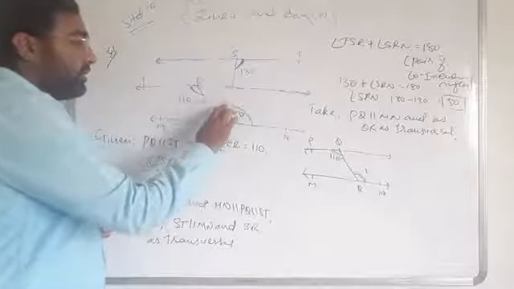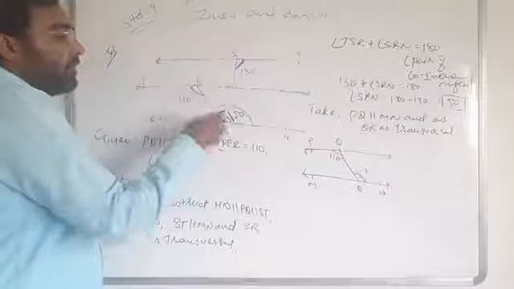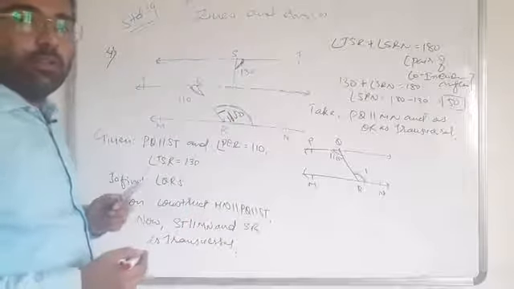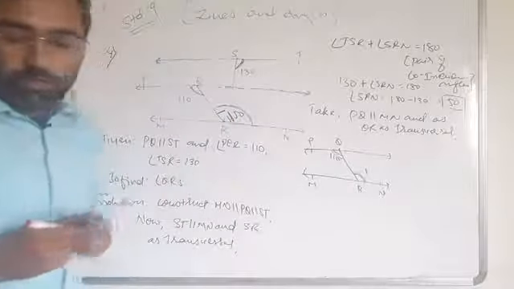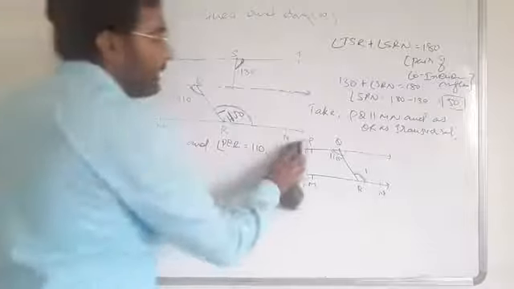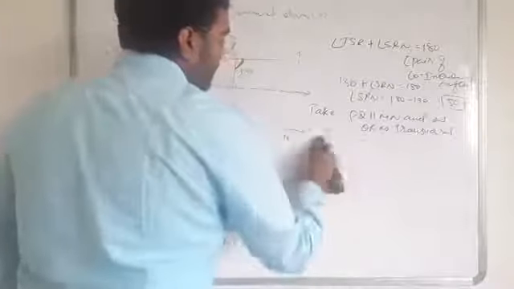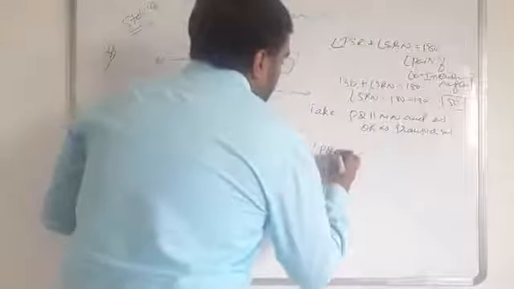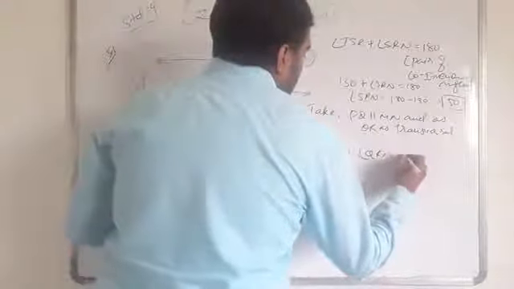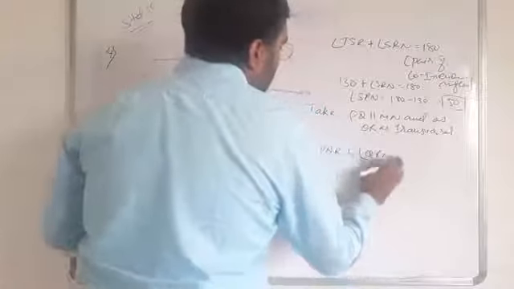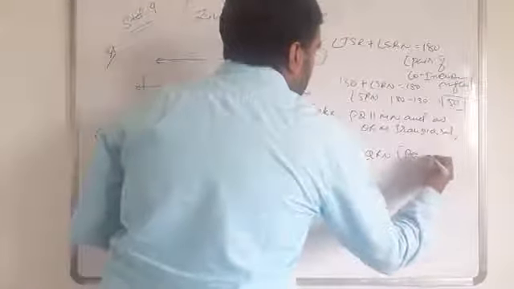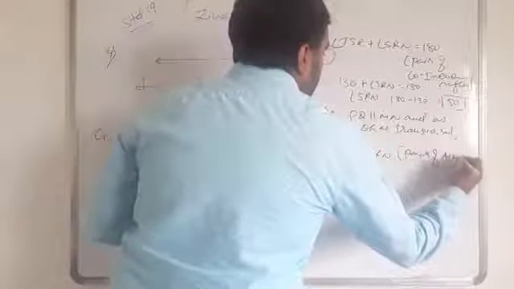Here I'll remove this line first. Now you can see, clear. Now we write: angle PQR equals angle QRN, both are equal angles, a pair of alternate angles.